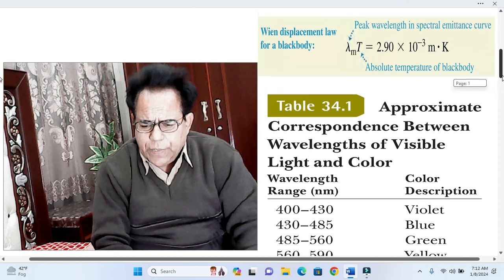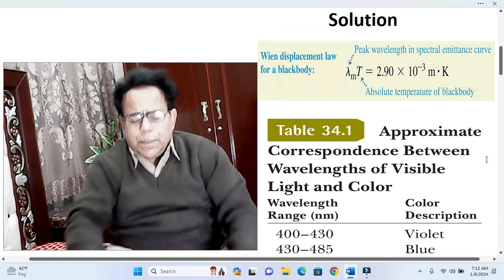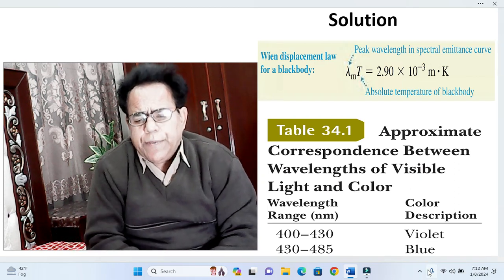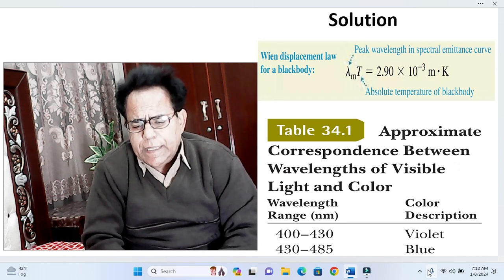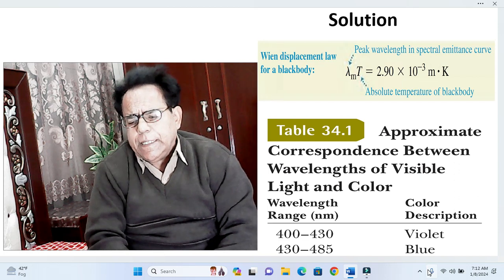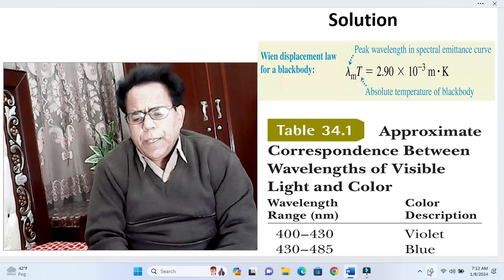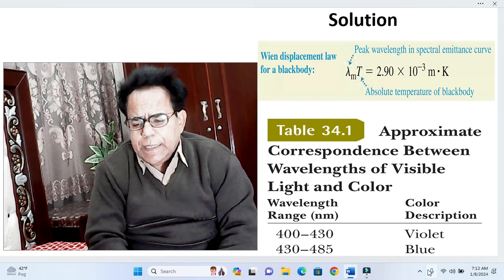So first we come towards the first snapshot. The first snapshot deals with the Wien displacement law for a black body. Wien displacement law for a black body: lambda m T is equal to 2.90 into 10 raised to the power minus 3 meter Kelvin, where lambda m is the peak wavelength in the spectral emittance curve.